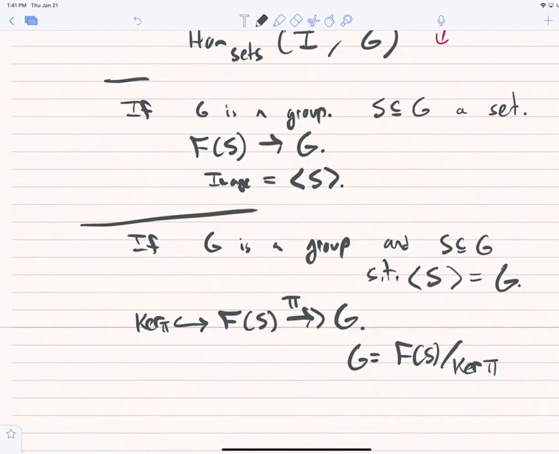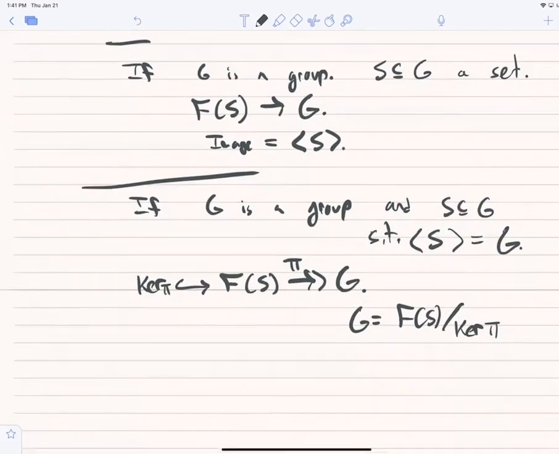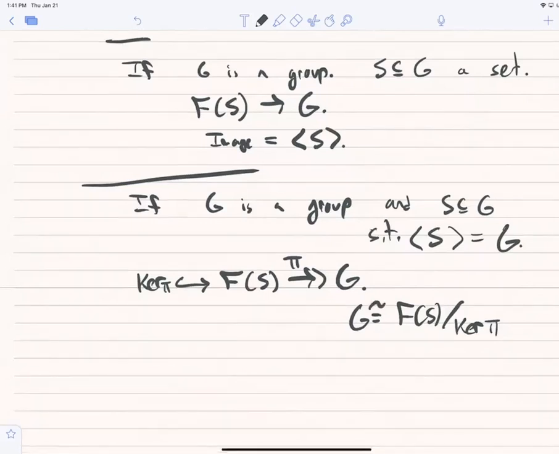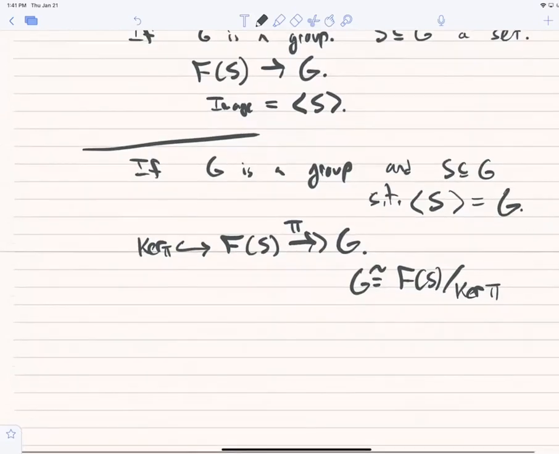Anytime you have a normal subgroup, you can form the quotient group, which is just an abstract group. And this isomorphism is called the first isomorphism theorem. In general, if you have a map of groups, the domain modulo the kernel is isomorphic to the image. Here, the image is all of G. So we get this. Now, the kernel of pi is itself a group.